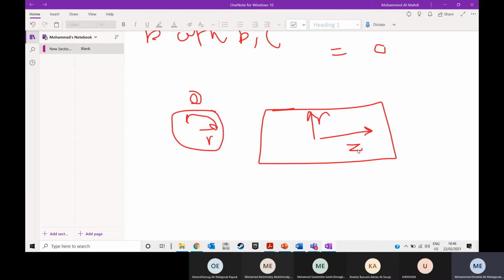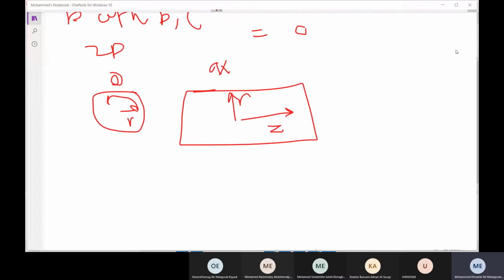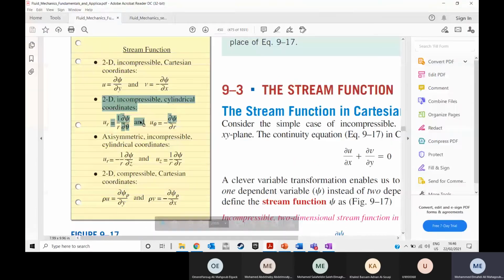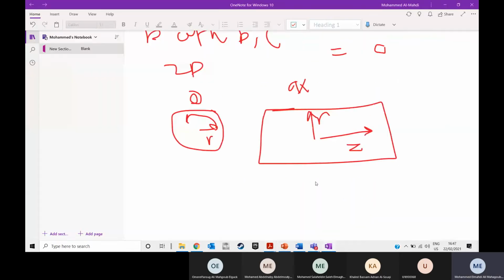Theta is not shown here, whereas here z is not shown. This is the difference between the axisymmetric cylindrical and the normal 2D cylindrical. So we use the first set of equations, right? For the 2D cylindrical coordinates, because you saw the question. So let's write them down so we don't forget them.